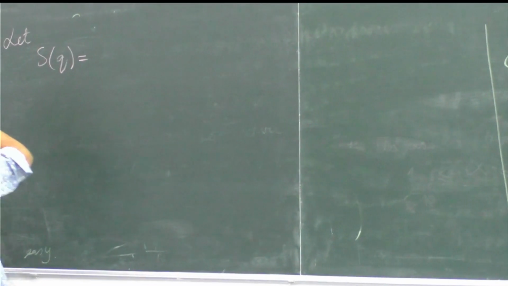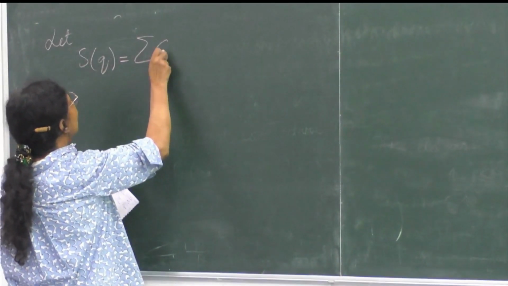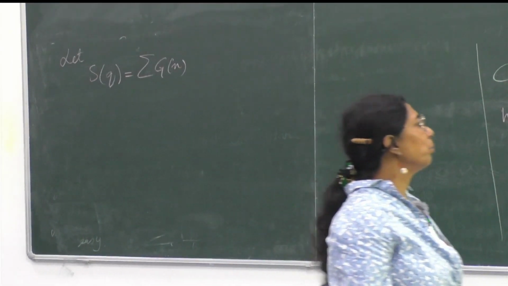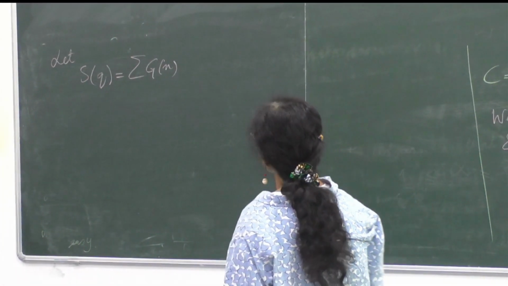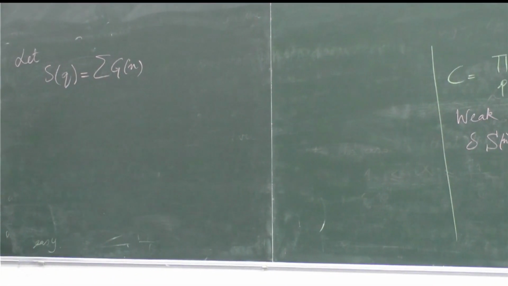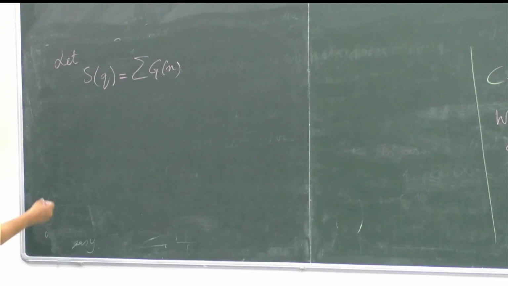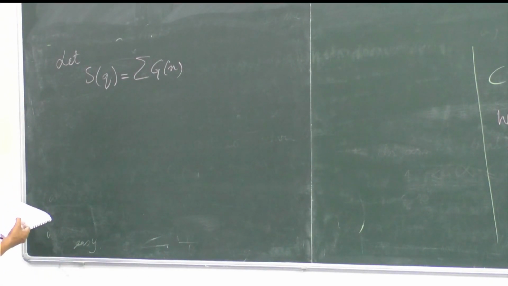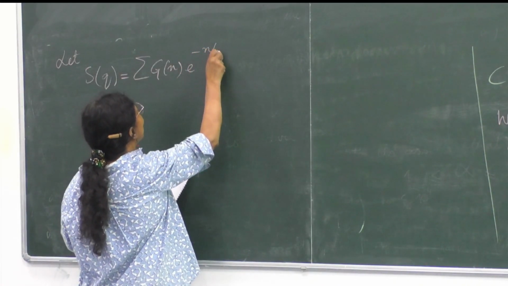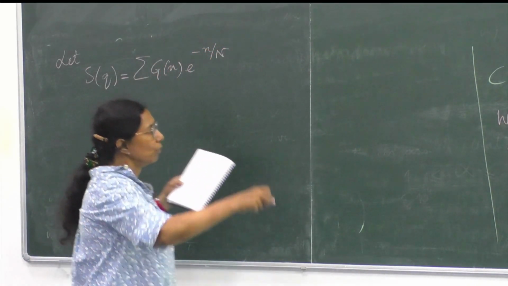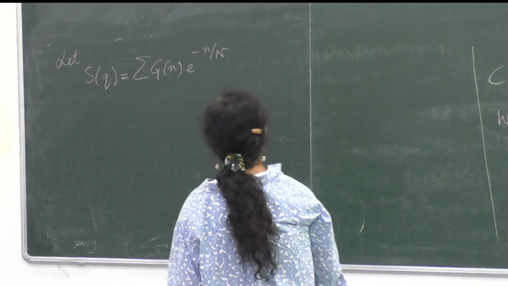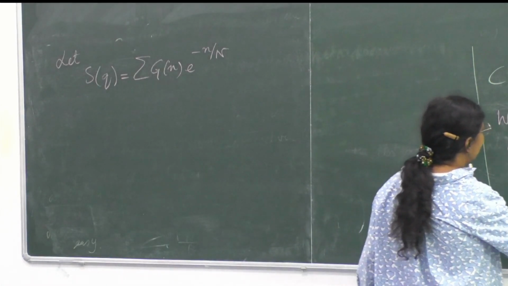We had it yesterday. So G of n almost counts the number of prime decompositions of n in 2 parts. I mean, the von Mangoldt function, it's a weighted version, exponential minus n by n. So G of n is this.